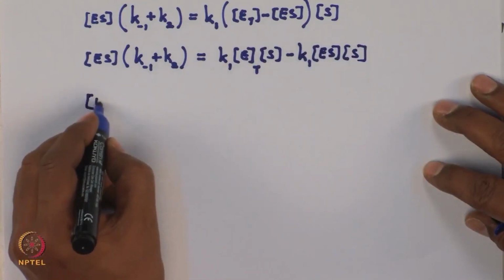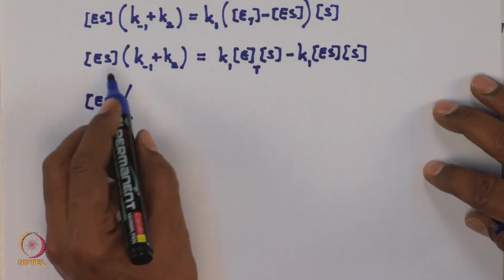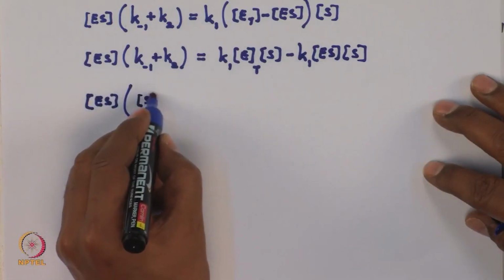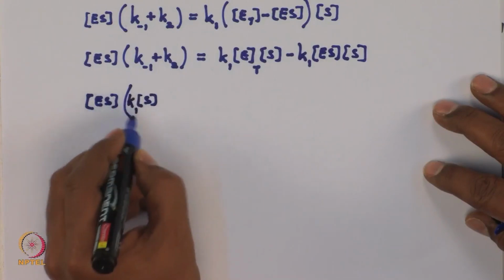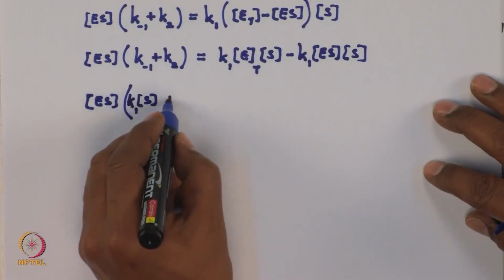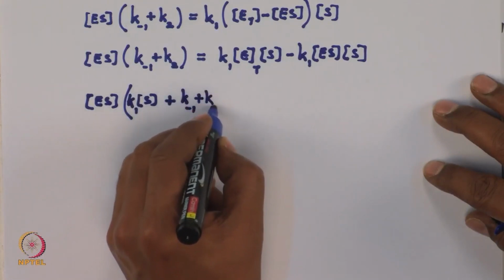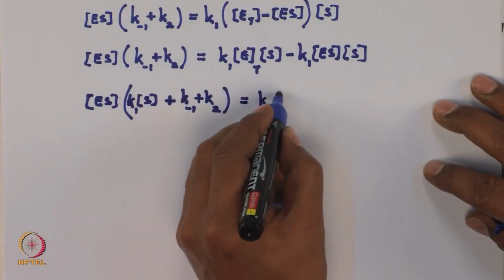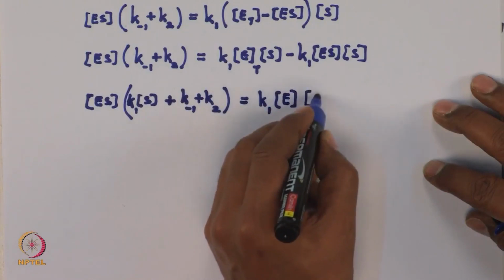Rearranging ES, if you bring it over to this side, you have substrate concentration into K1 plus K minus 1 plus K2, this is equal to K1 into total enzyme concentration into S.